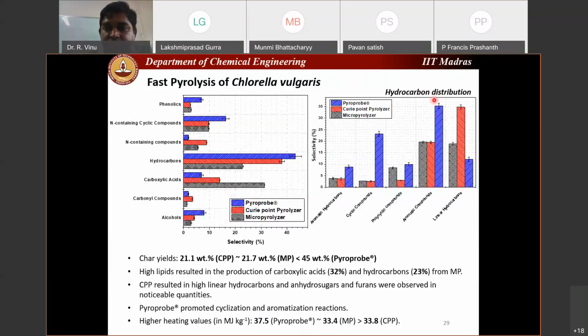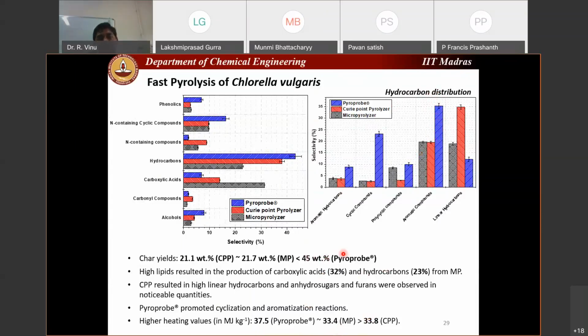And here also you can see that aromatic components, aromatic hydrocarbons, polycyclics, and the aromatic non-phenols are actually very high from the pyroprobe. You can see the same trend typically from the products. And the char yield is significantly high in the pyroprobe.